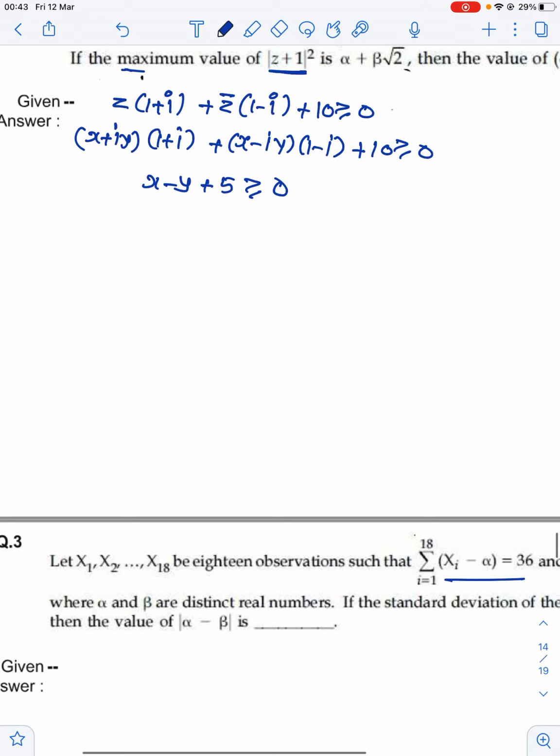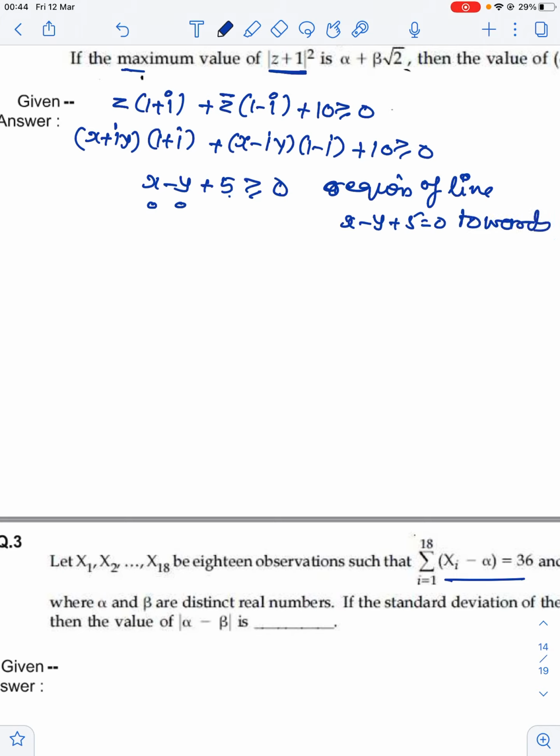This equation turns out to be this. So this is obviously a straight line, and one side of the straight line because an inequality is there. If I put 0, 0, it gives 5 greater than or equal to 0, so this is satisfied. So this shows the region of the line x minus y plus 5 equal to 0 towards the origin. Now let us draw the figure.